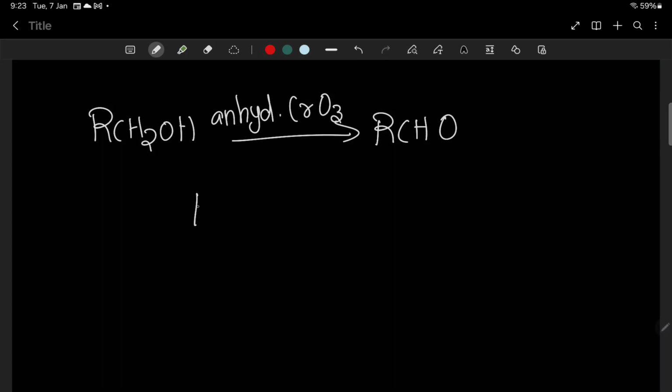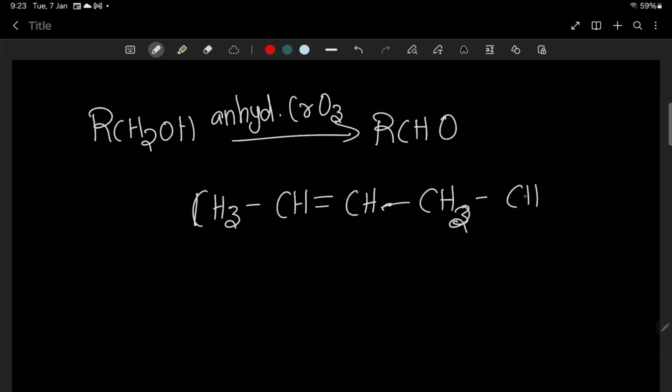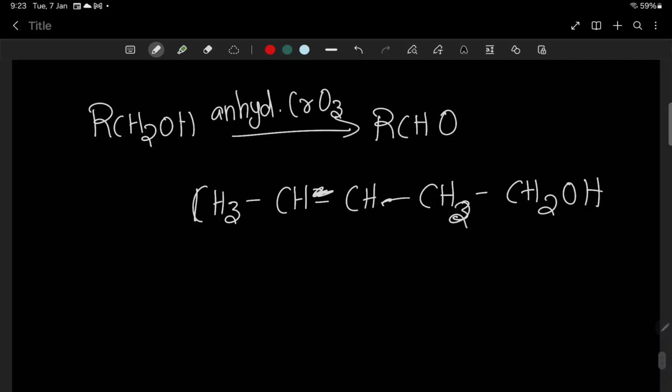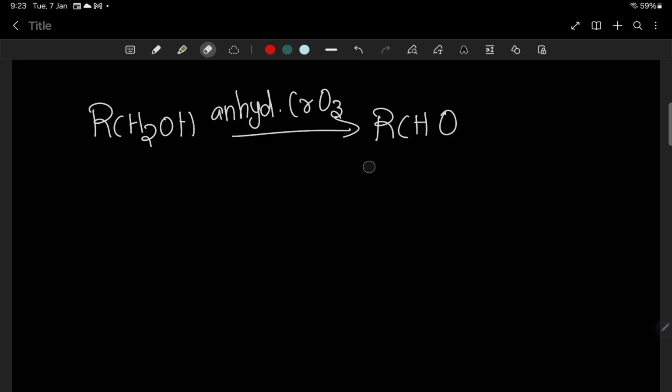If the compound is something like CH3 CH double bond CH CH2 CH2OH, and you use CrO3, this double bond also will be oxidized. That should not happen. The isolated double bond should not be affected.